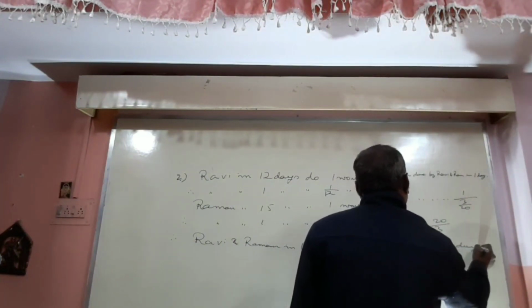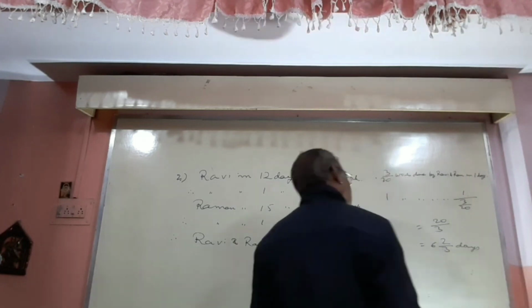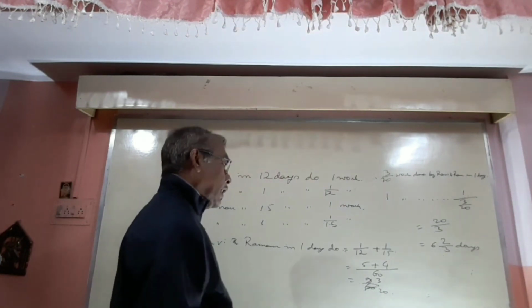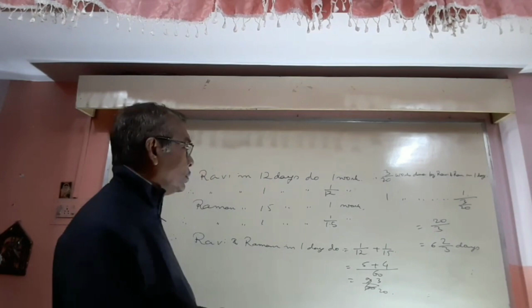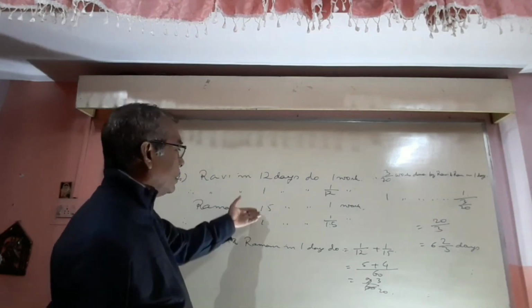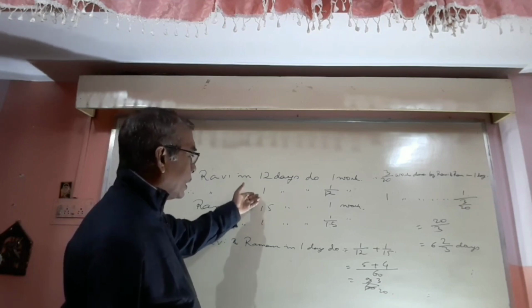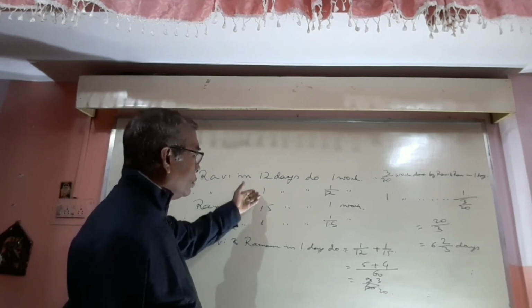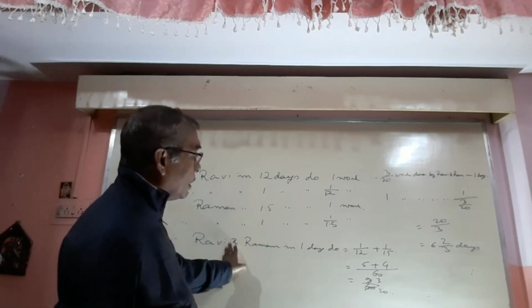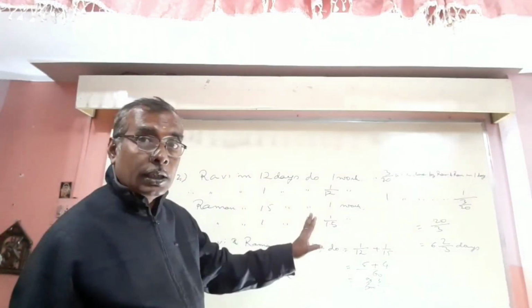With this question, I am trying to give you the concepts. I have told you that first of all you have to find Ravi and Raman's 1 day work. Then if you add them, it gives you the work Ravi and Raman finish in 1 day.